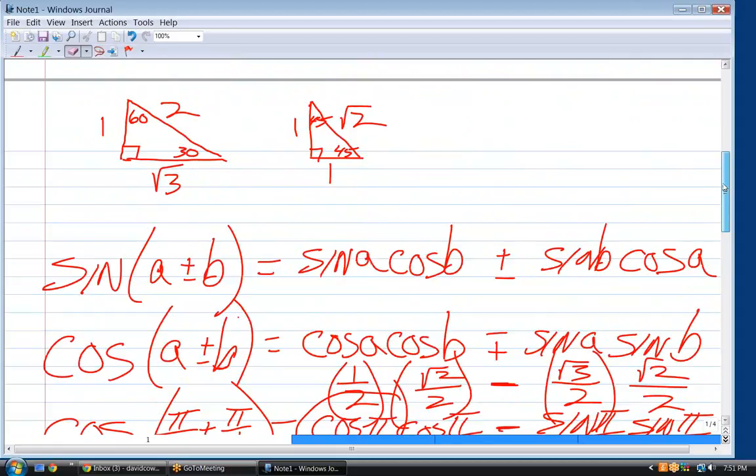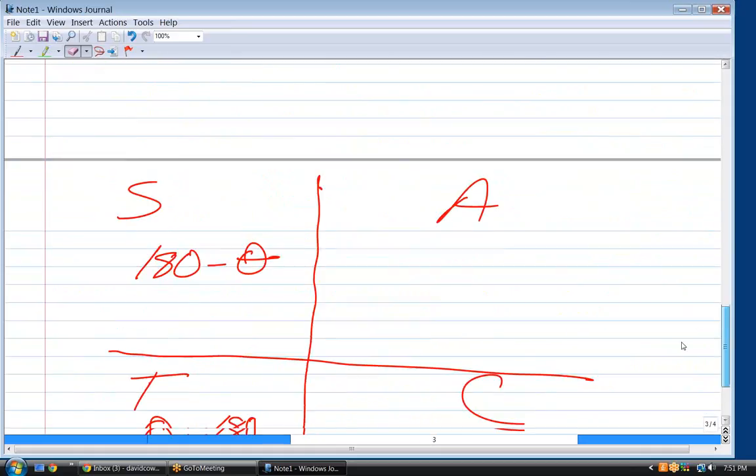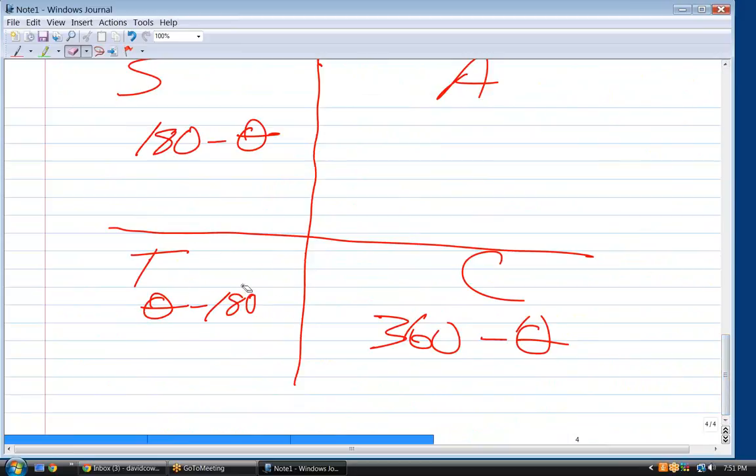Just 1? Yep. And the quadrant? It's positive. So the tangent of 225 would be positive 1. And it's really as straightforward as that.